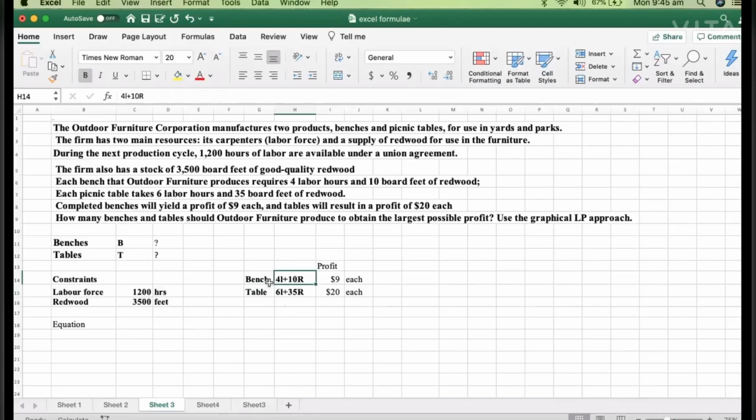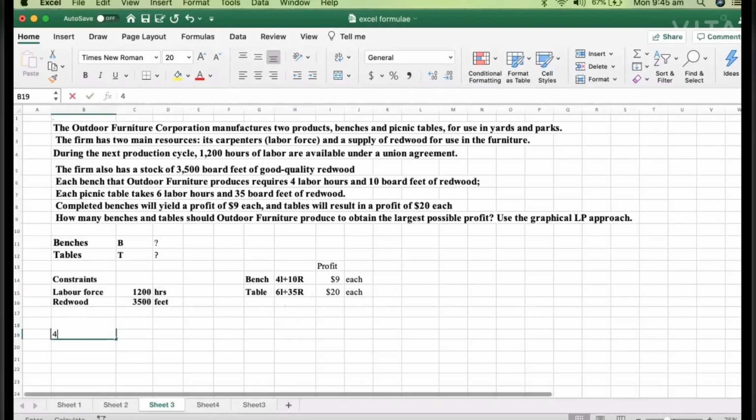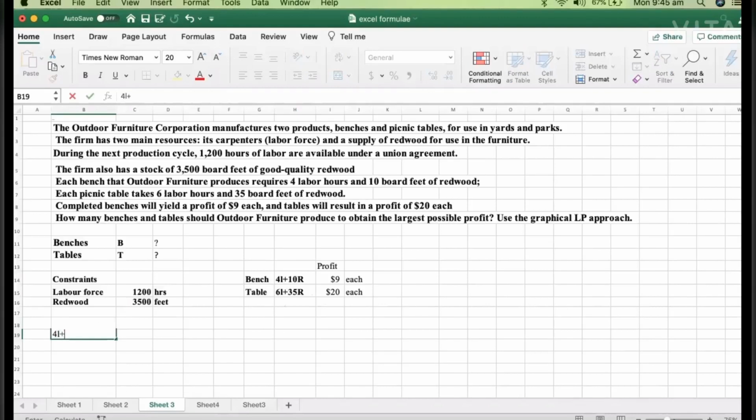For a bench 4 labor hours, and for a table 6 labor hours are required. Here we are talking about only one table or one bench. So we can say 4 labor hours for one bench plus 6 labor hours for one table should not be greater than 1200. Okay, so that is our equation.